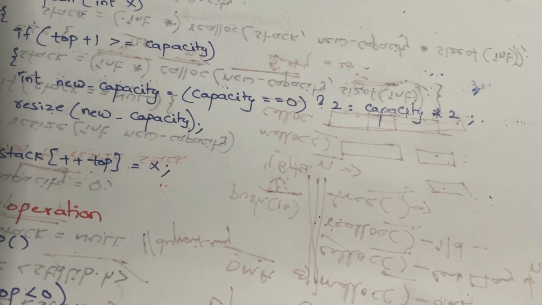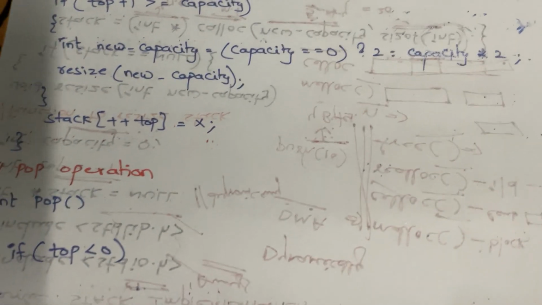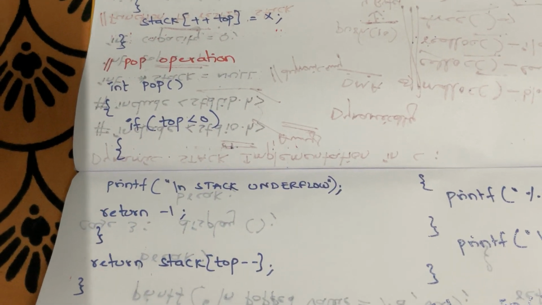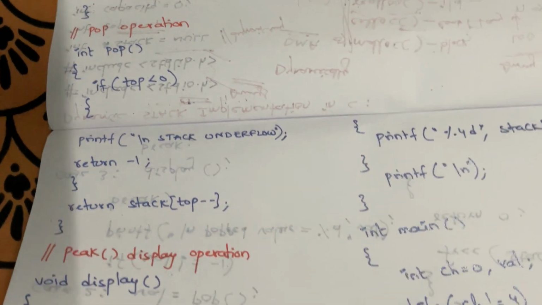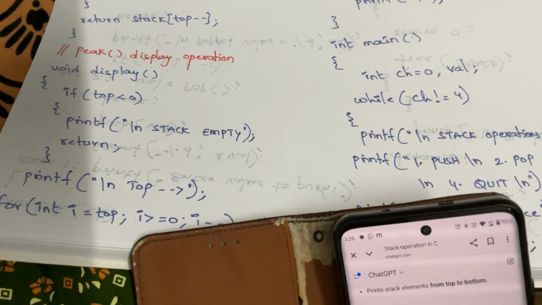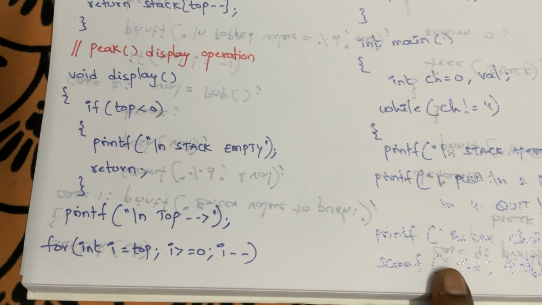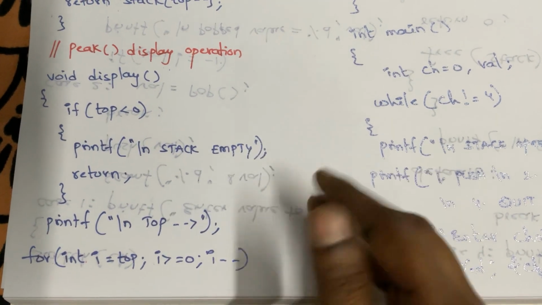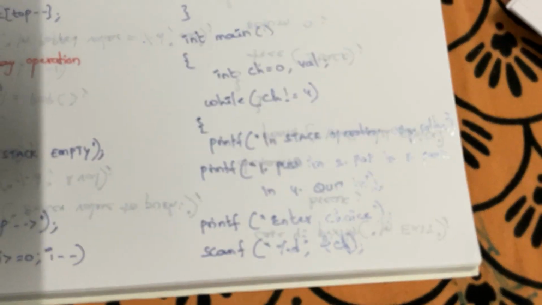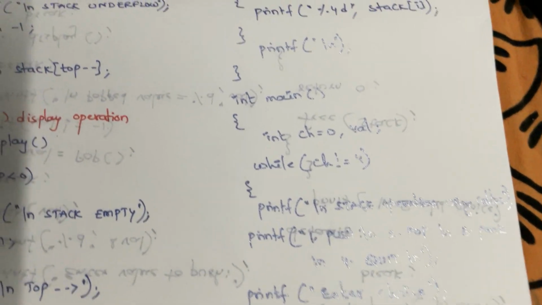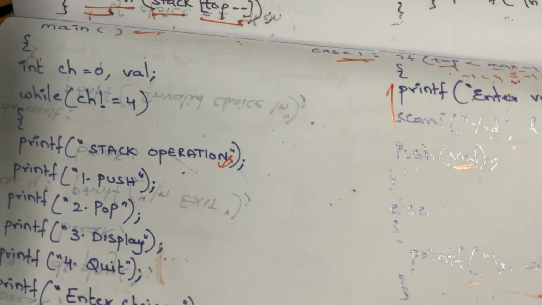We insert the element at ++top. For pop, if the stack is empty, it shows underflow. The display operation displays all the elements of the stack according to the top value. So this is the logic of the program. The entire program is the same; only the size, resize, and push operations show the difference.